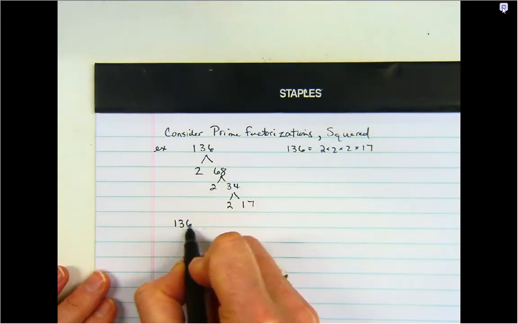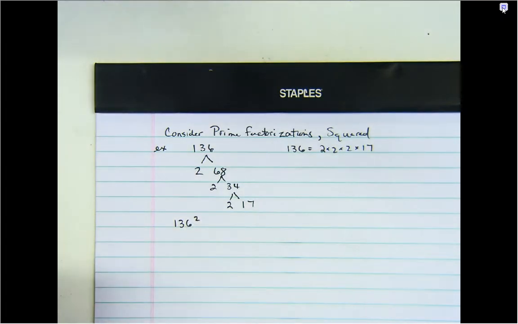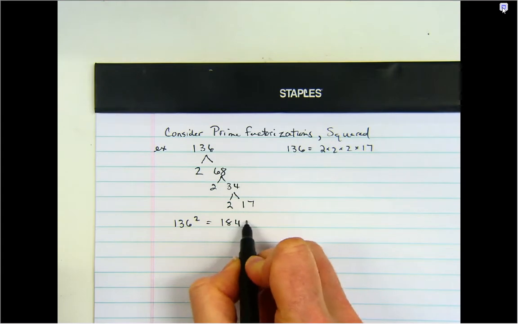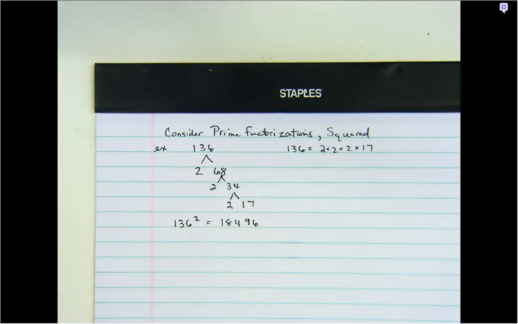Now let's take 136 and square it. That's a big number. 136 squared is 18,496.